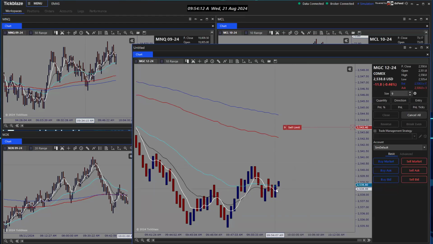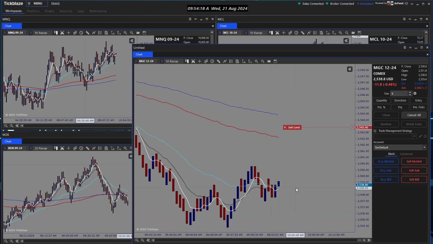So we've got the 5 13 cross. Obviously, we haven't come down at all. We're kind of above the 5 right now, so we'll wait and see.